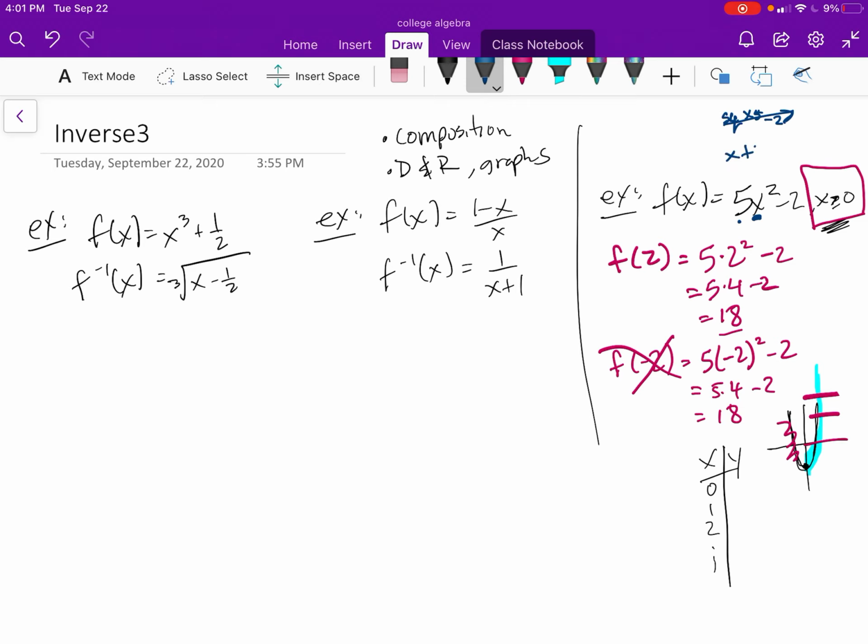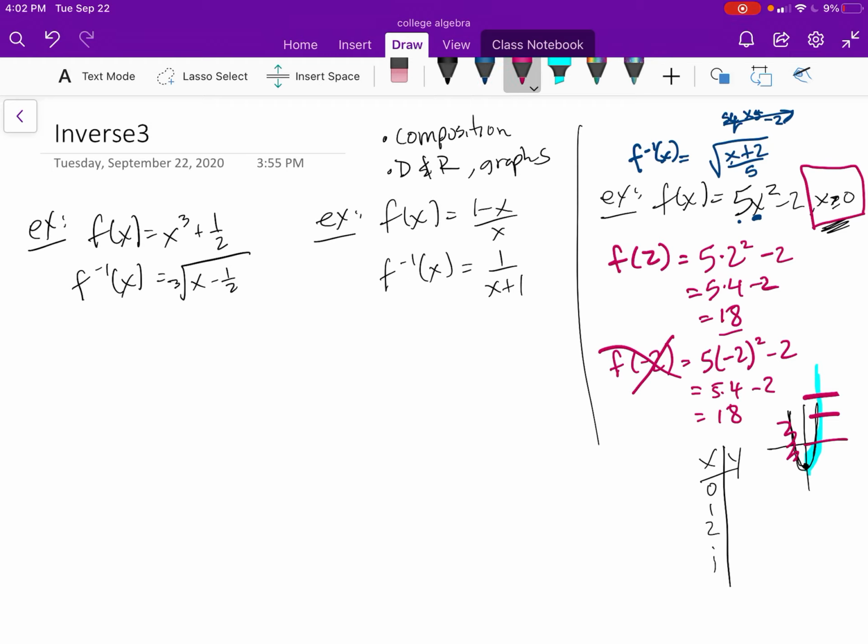I'd add 2, and then I would divide by 5, and then I would square root it. Okay, that would be my inverse, and you could verify that algebraically as well. Okay. All right, moving forward.